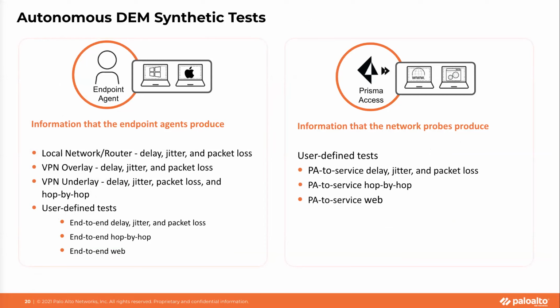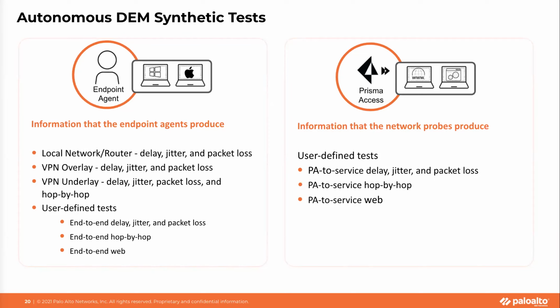This synthetic test produces a plethora of information for each of the specific endpoints, as well as the Prisma Access, the network, the hops, services, web traffic, and application. ADEM provides real-time data that will help any IT or network team to troubleshoot any issues quickly and to identify the exact cause of the problem.